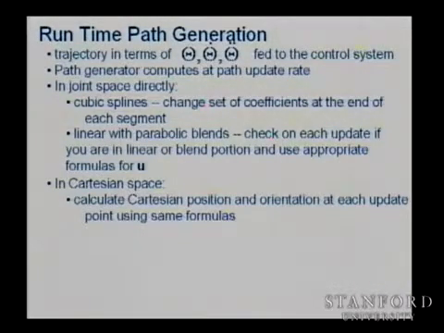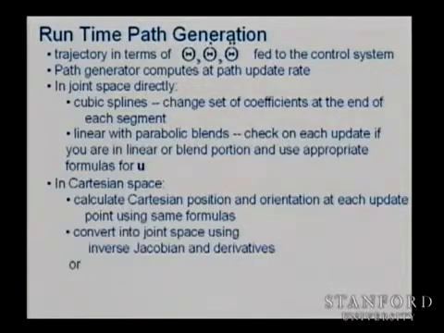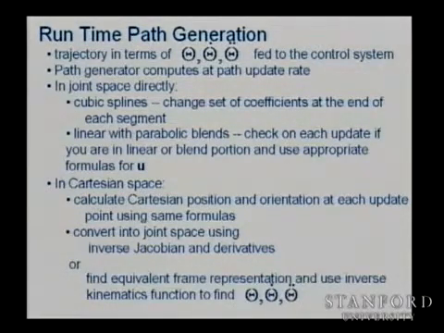And then we have to calculate the joint space coordinates using either the inverse Jacobian and derivatives, or find the equivalent frame representation and then use the inverse kinematics functions to get theta, theta dot, and theta double dot. And you should know how to do that now from the kinematics that you've done so far, right? And the inverse kinematics. So this is how we can compute all that.